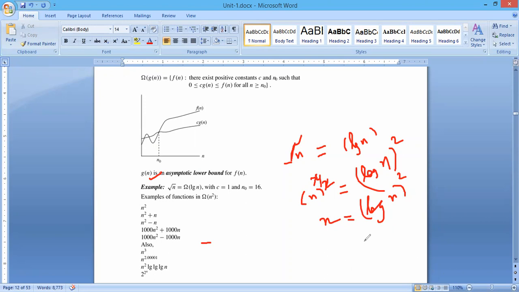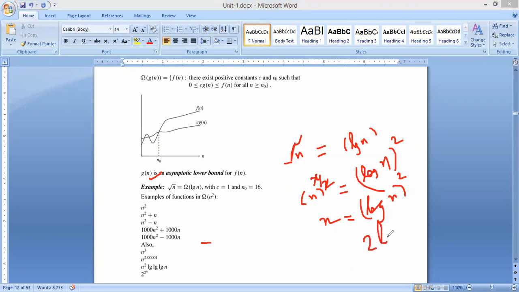Here we can write 2 log n, and we break this equation with this. Do we have any identity?